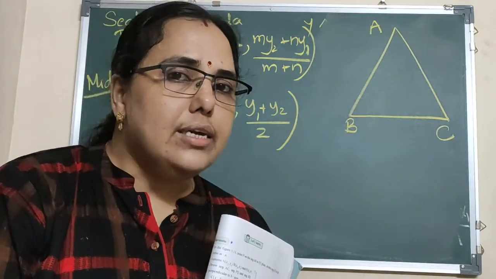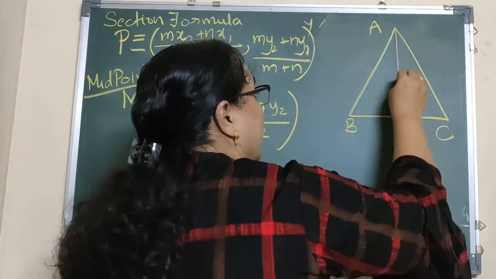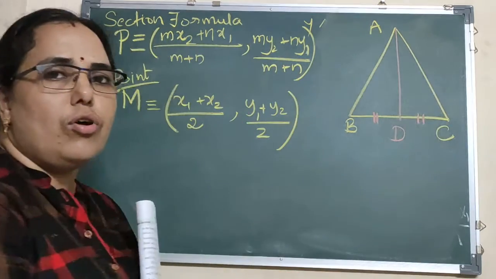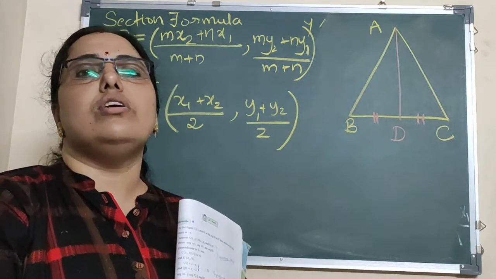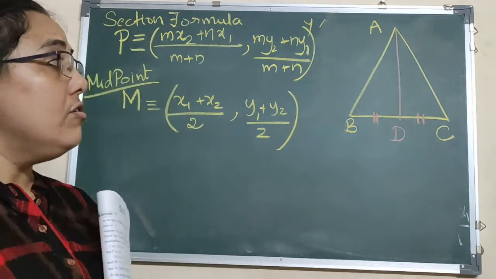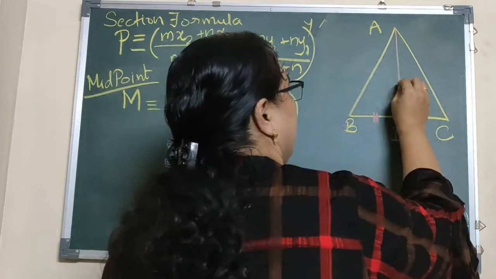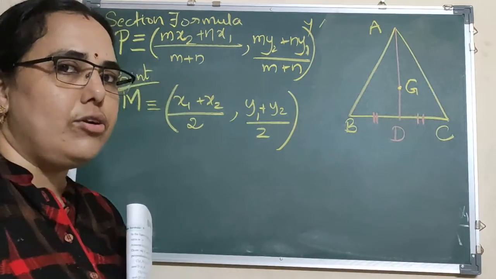Now what are medians? Medians are segments drawn from the vertex of the triangle to the midpoint of the opposite side. That is what a median is. So here AD is a median. On this I take a point G, and G is what we always represent the centroid as.